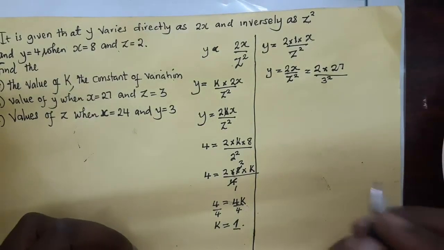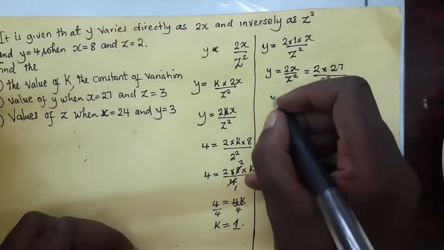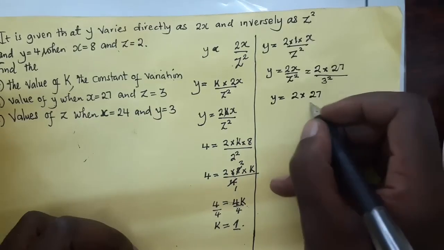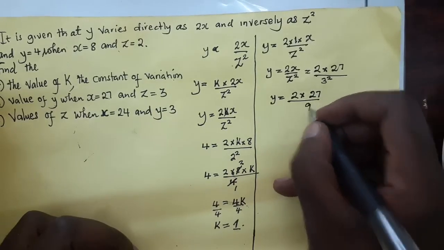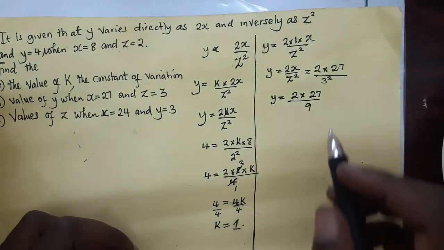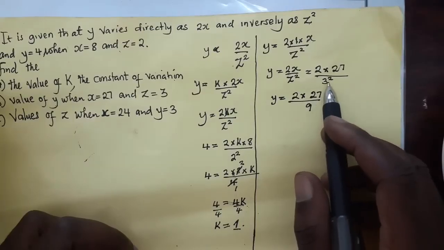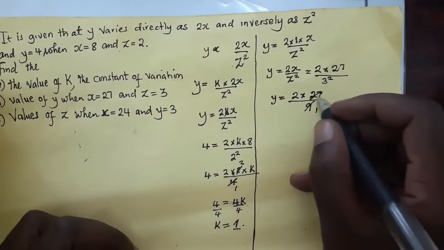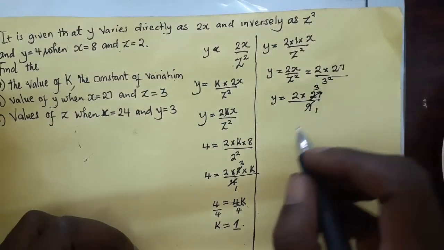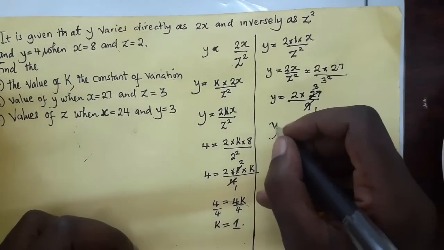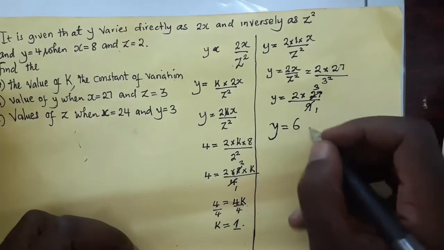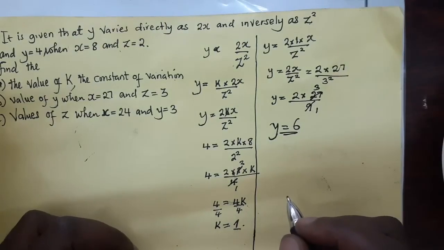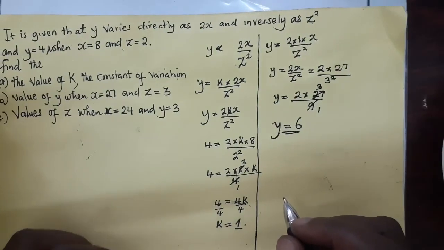All right, so this is going to give us y is equals to 2 multiplied by 27 over 9. I hope you understand where 9 is coming from. It's a product of 3 multiplied by 3. Then in 9 here it's 1, 9 here it's 3, isn't it? Then so y is equals to 6. I hope that is clear.